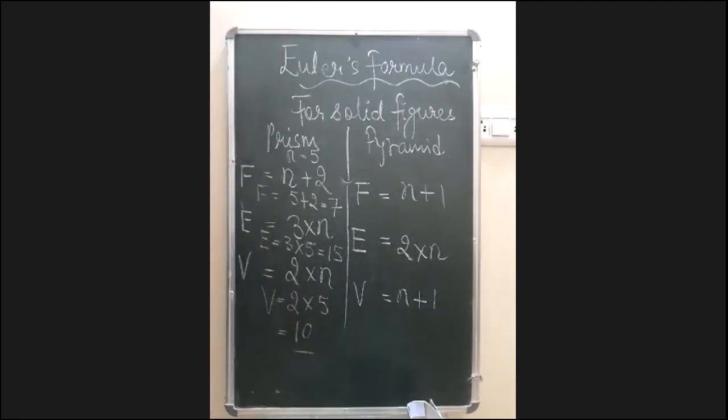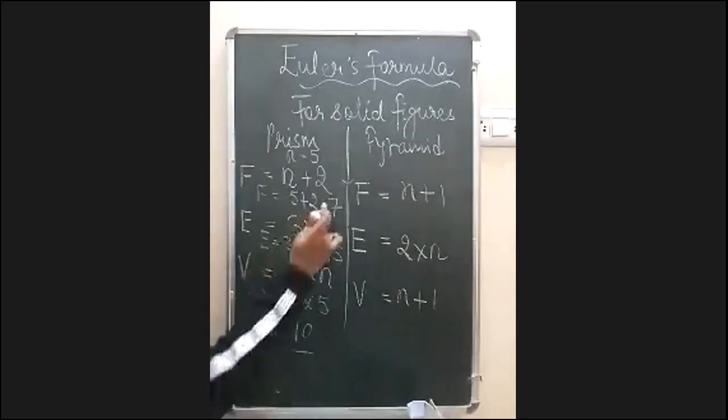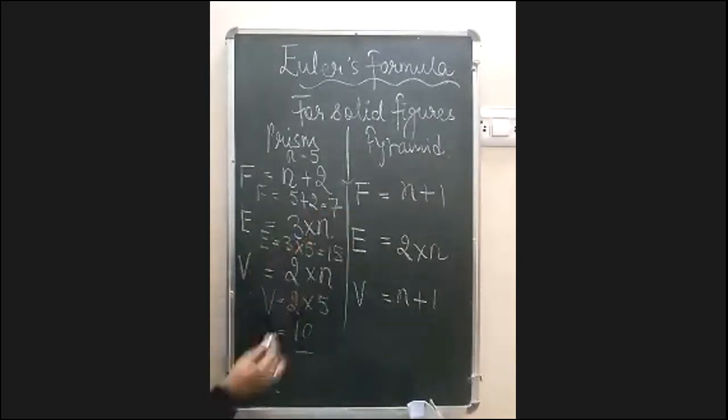Now you may see here we have got F equals 7, E equals 15 and V equals 10. अब let us see whether this figure pentagonal prism जो भी मैंने बोला is it satisfying Euler equation or not. Let's try this. F plus V होता है ना, तो देखो यहाँ पर हुआ आपके पास 7 F plus V minus E should be coming 2.